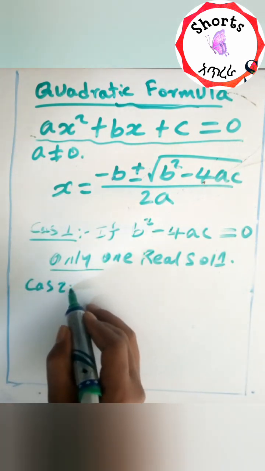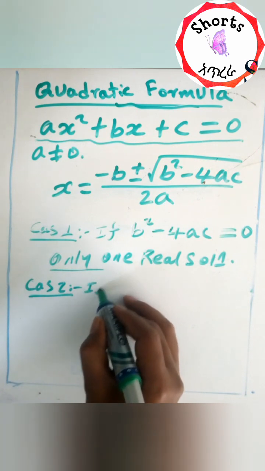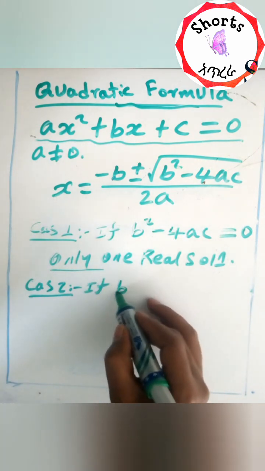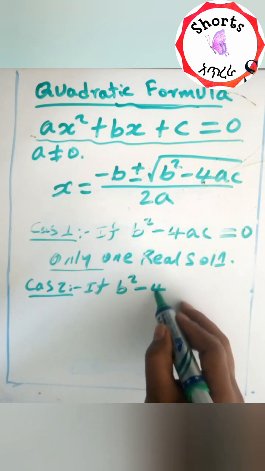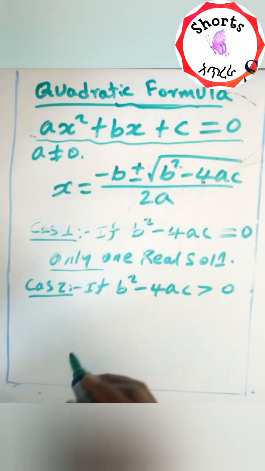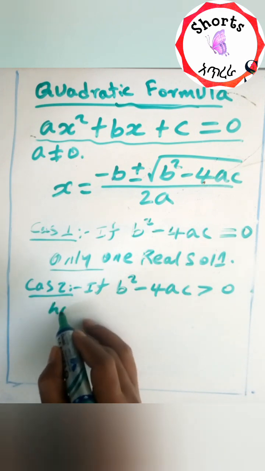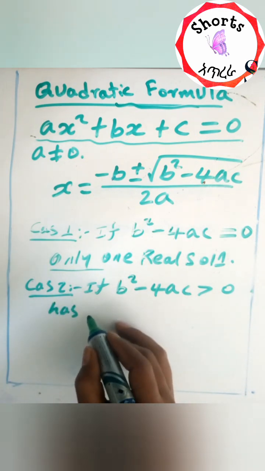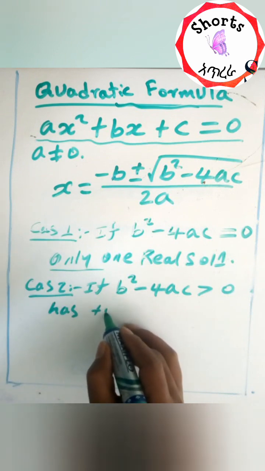In another case, case 2, if the discriminant term b square minus 4ac is greater than 0, then the quadratic equation has two real solutions.